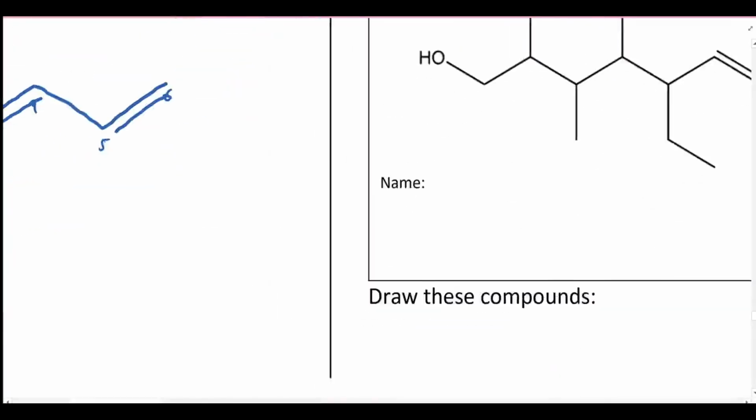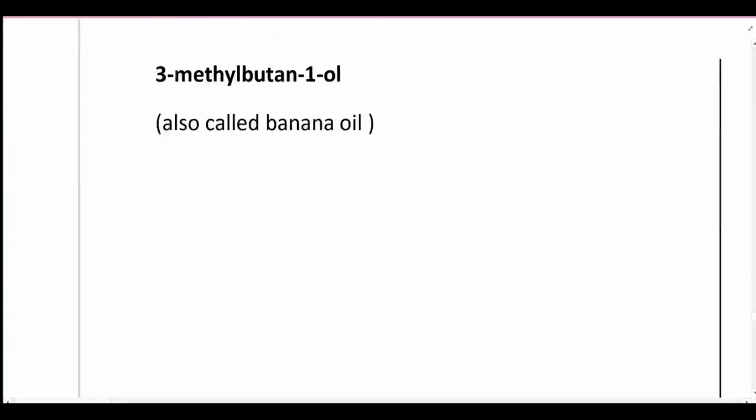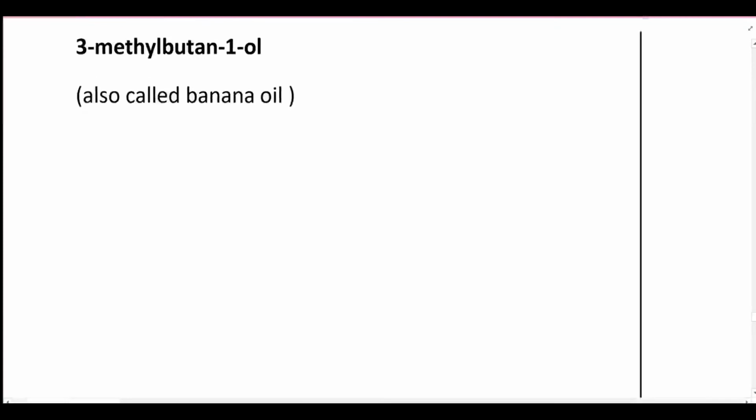Instead of from the structure into a name, let's do something like this. So I have now a 3-methyl butane 1-ol. How do we draw this particular molecule? The first thing is you want to know the last name, or the functional group, of the longest carbon chain.